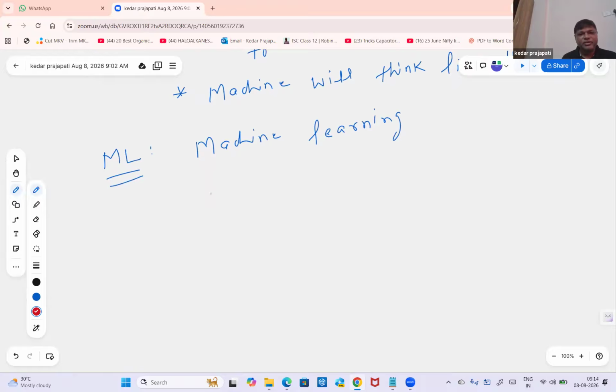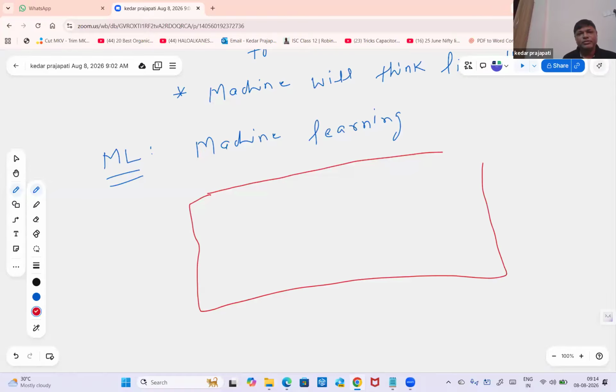a child has taken birth and he is in hospital, or maybe he is at home. So suppose a small child is there. I don't know how to draw. So this child has taken birth. At the time of birth, he doesn't know any language.